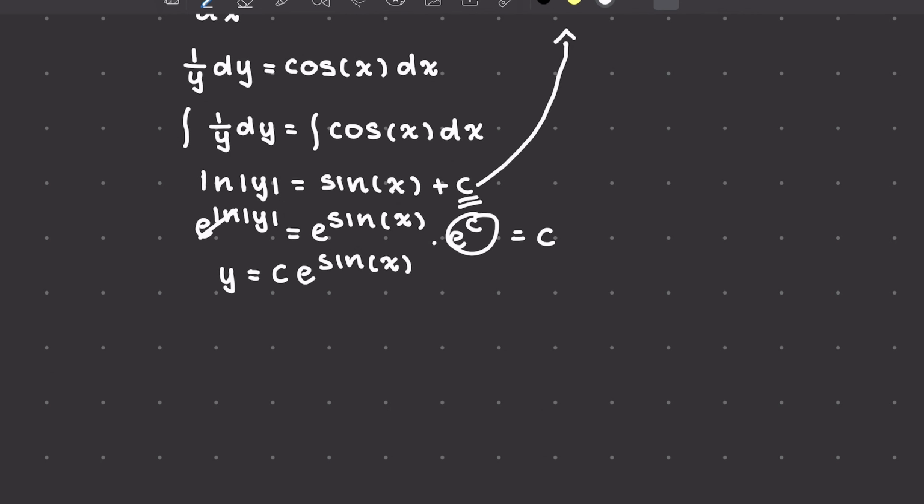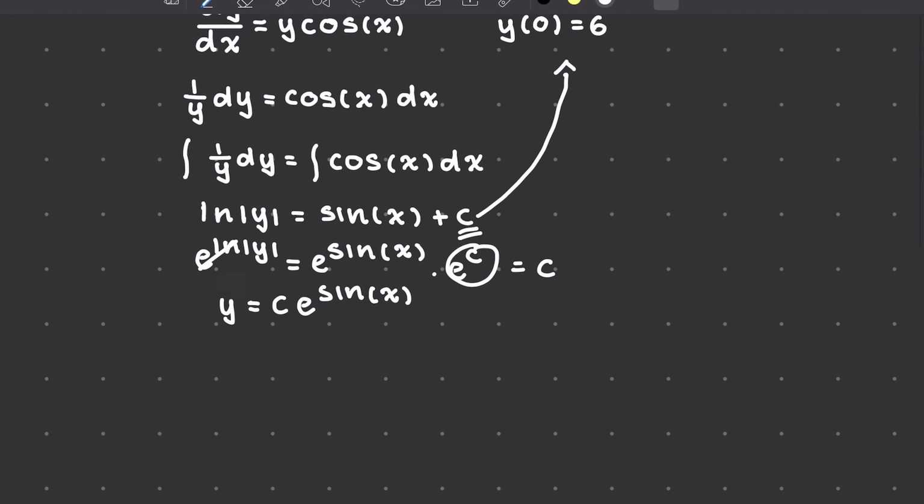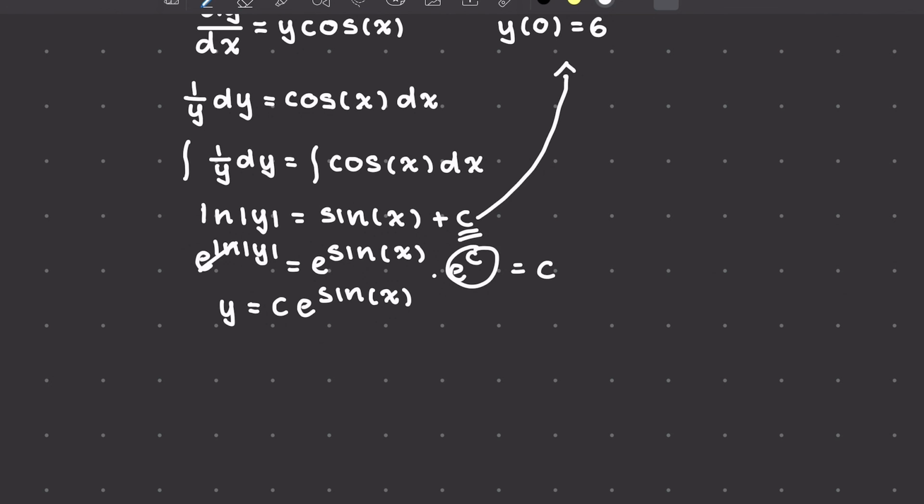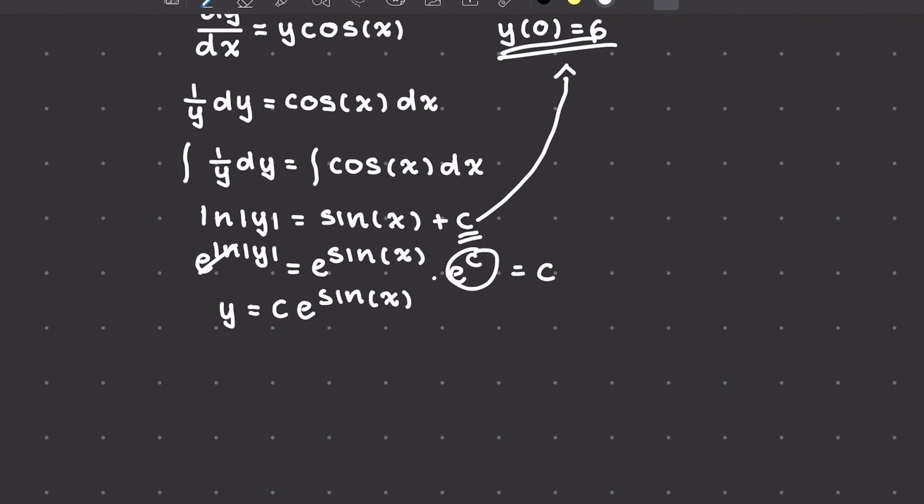So do we stop here? No. In the previous examples, we might have stopped here because we were looking for a general solution, since an initial value was not given. But now we're given this initial value in order to find the c.